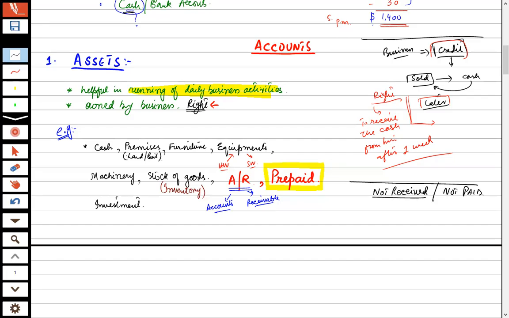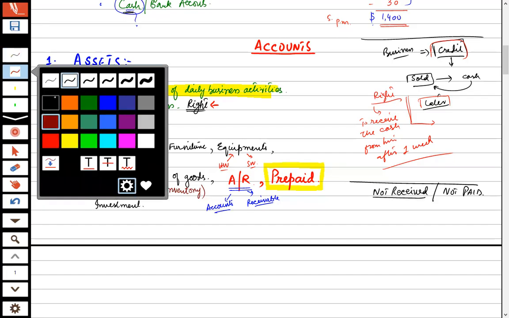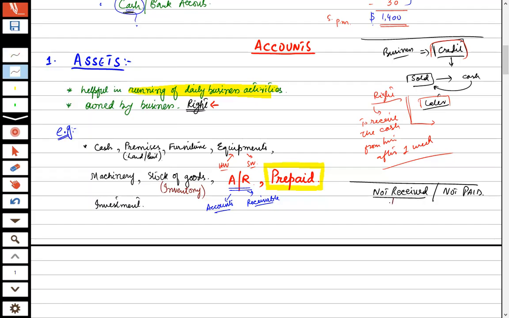If you have sold something and the money is not received, then this is credit.